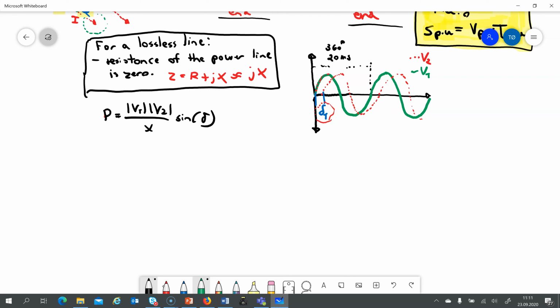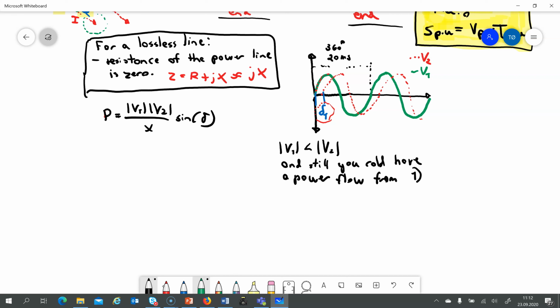And you should also note that even though the amplitude of V1 is less than V2, you could still have power flow from 1 to 2, because as you see also in the load flow, the angle will demand the power flow, but the magnitude of the voltage will have a really high influence on the reactive power flow.